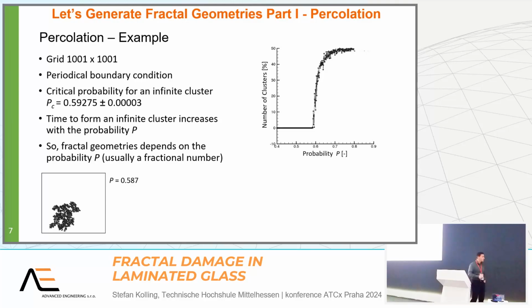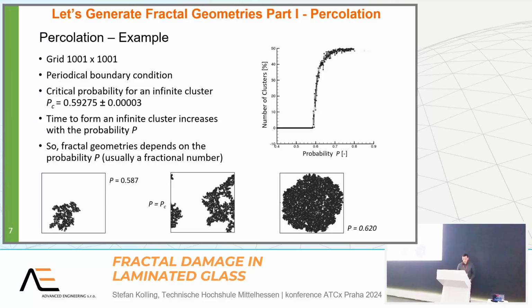Some examples: if the probability is chosen as 0.586, you see this fractal geometry. If we have exactly p at the percolation point, then this fracture pattern occurs.